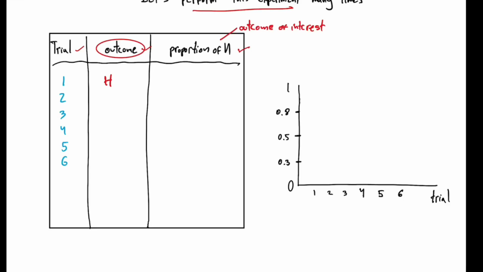My proportion of heads is 1 heads out of how many trials have I had? Only 1, right? So 1 divided by 1 is equal to 1. So my proportion is 1, so my probability is 1. So from doing just this one trial of this experiment, I can say that the probability of getting heads is 100%.